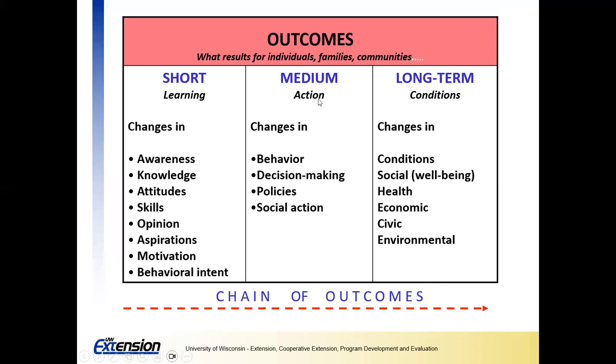Your medium-term outcome can affect changes in a person's behavior, decision-making, policies, and social action. Your long-term effects or conditions can be a change in conditions, that is social well-being related to health, a person's economic, civic, or environmental situation.